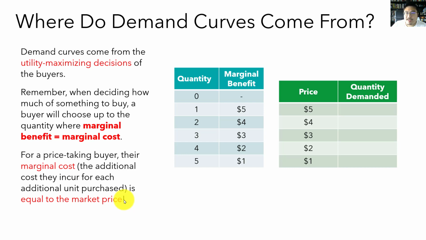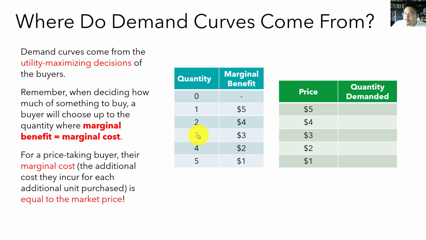All right, so how does that translate into a demand schedule? Let's work on an example. Here I have a table that shows the marginal benefits for a hypothetical person. What this table says is that as the person goes from buying 0 to buying 1 unit, the additional benefit of the first unit is $5. As he goes from buying 1 to 2 units, the marginal benefit of that second unit is $4.